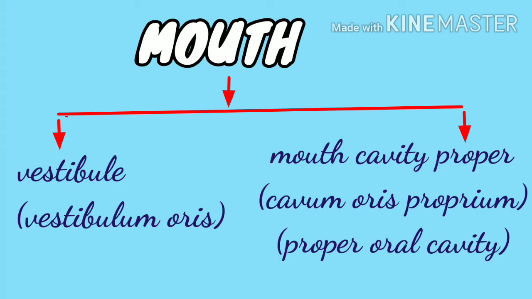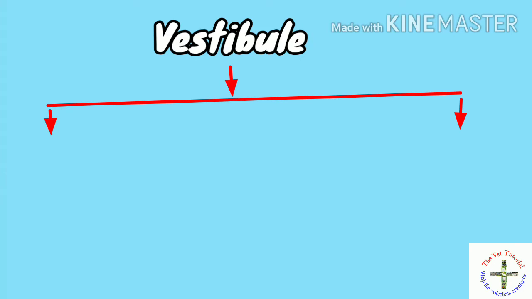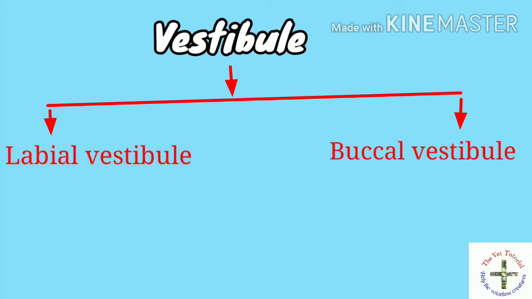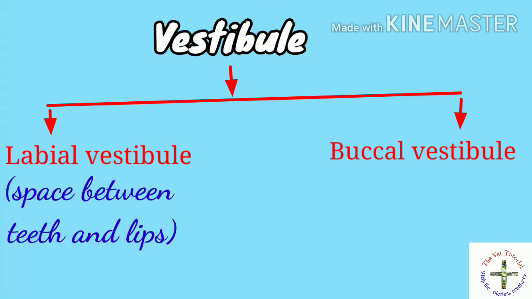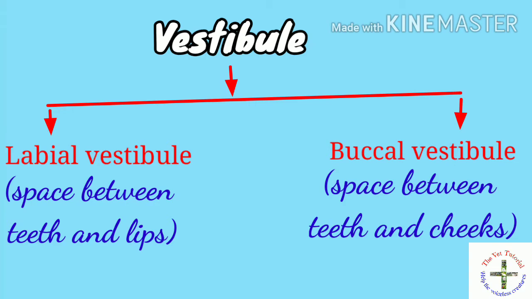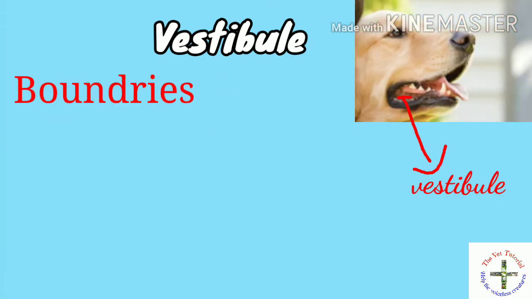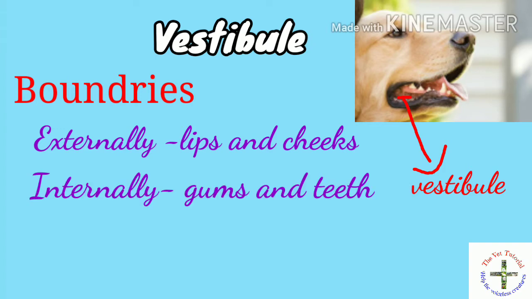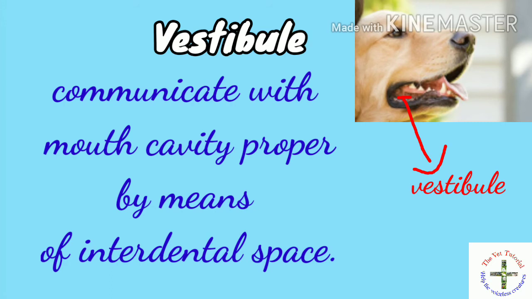It is also called the proper oral cavity. The vestibule is again subdivided into labial vestibule and buccal vestibule. Labial vestibule is the space between teeth and lips, and buccal vestibule is the space between teeth and cheeks. The vestibule is bounded externally by lips and cheeks and internally by gums and teeth. The vestibule communicates with the mouth cavity proper by means of the interdental space, meaning the space between the teeth.